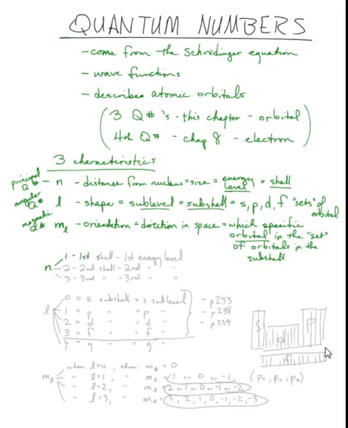Or we could say the principal quantum number is equal to 1. n equals 1. If n equals 2, we're in the second shell, which is the same thing as saying you're in the second energy level. They're synonyms. And again, for 3, we're in the third shell, would be the third energy level, on and on and on. So it's not hard to decide what n is.